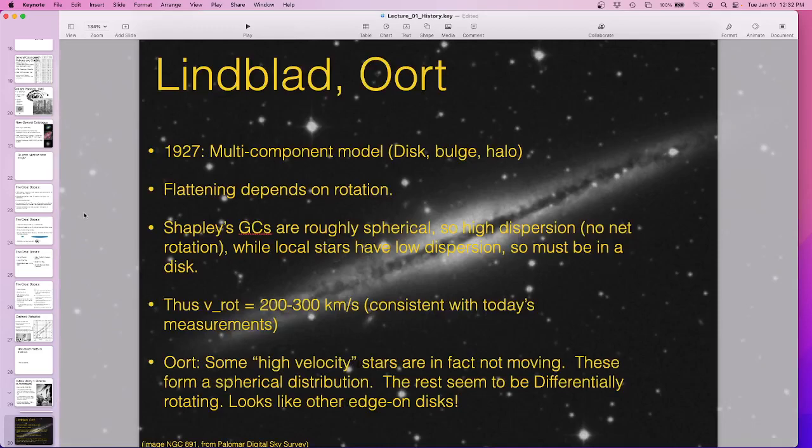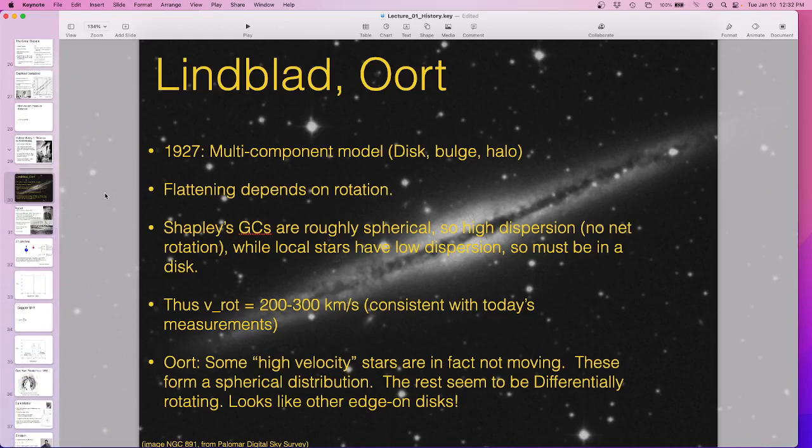In the early 20s, Lindblad and Oort, names that you might hear again, started measuring the motion of the galaxy. And what they found, about the same time, was that the flattening depends on rotation.